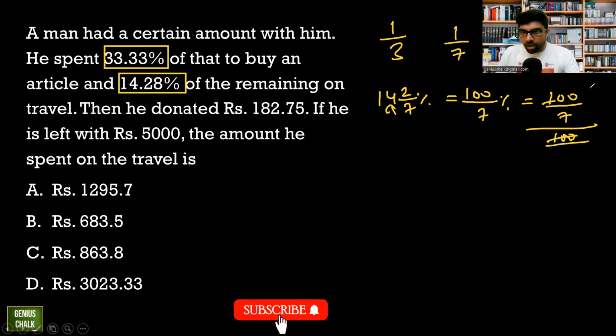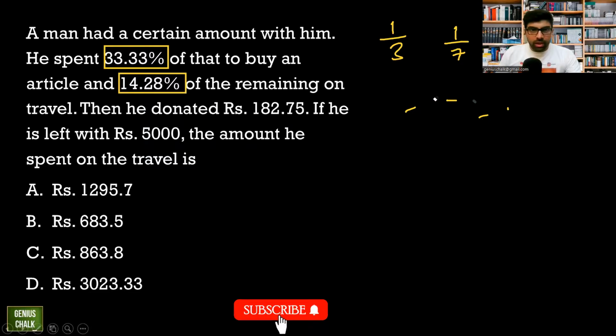So again, this gets cancelled. It is 1 by 7. So first you must know this. Okay, 14 2 by 7 is 1 by 7. Fine. After that, now he's saying that he donated this much. So before that, we have to take some total value. So always take the LCM of 3 and 7 as the total.